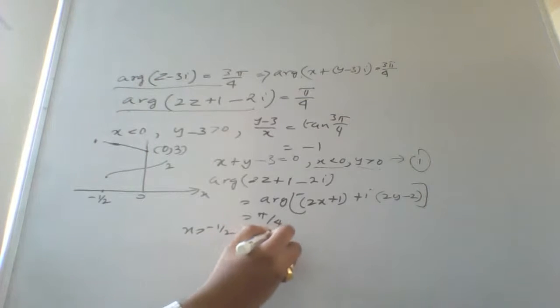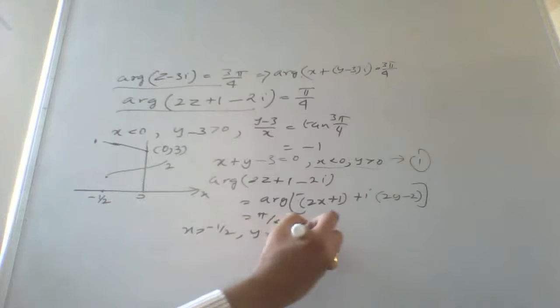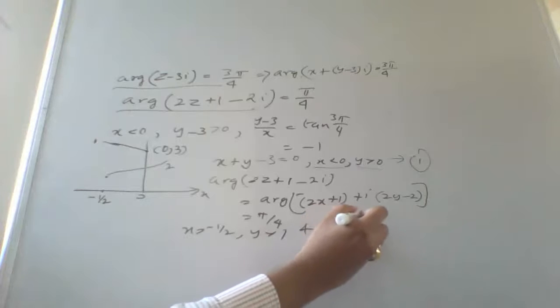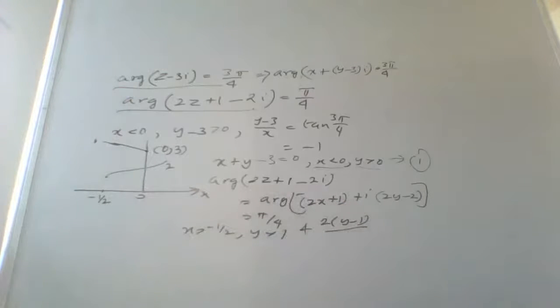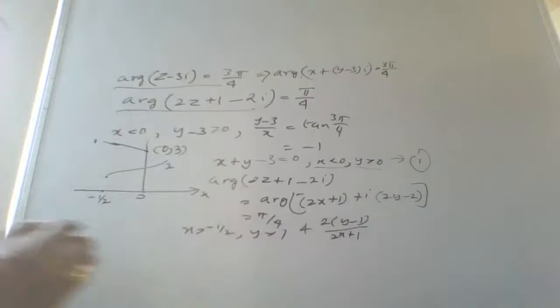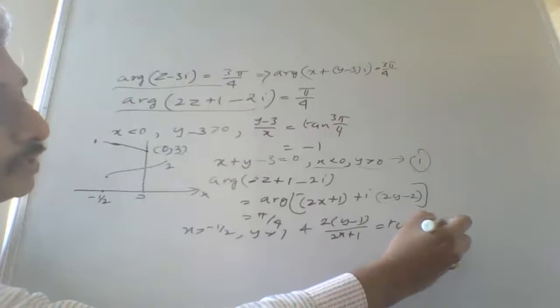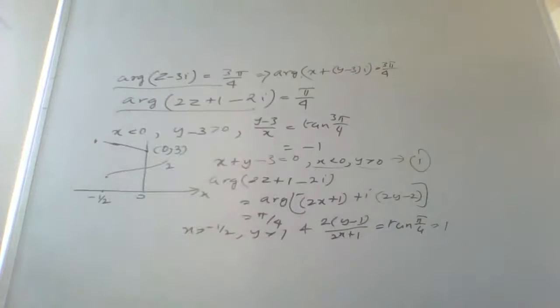And y is greater than 1. And we have 2 times y minus 1 divided by 2x plus 1, which is equal to tan pi by 4, which is equal to 1. That's what I've mentioned here.